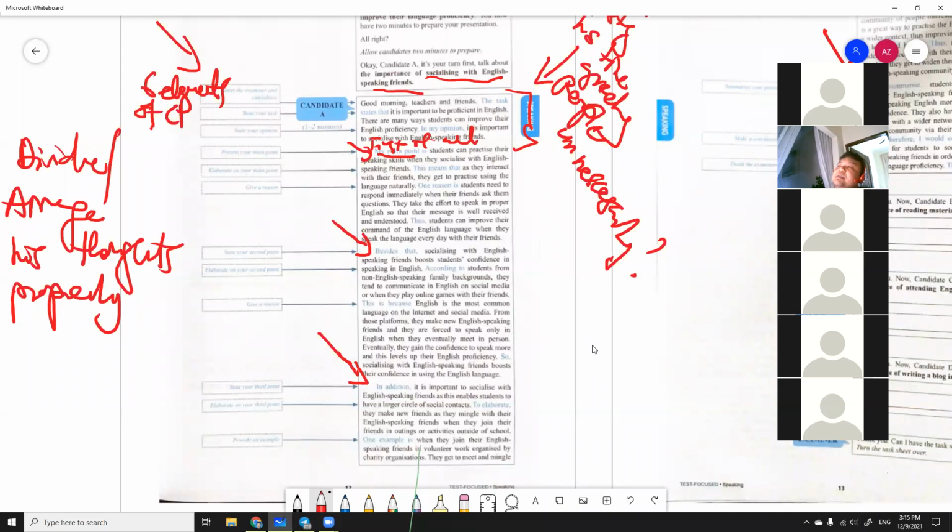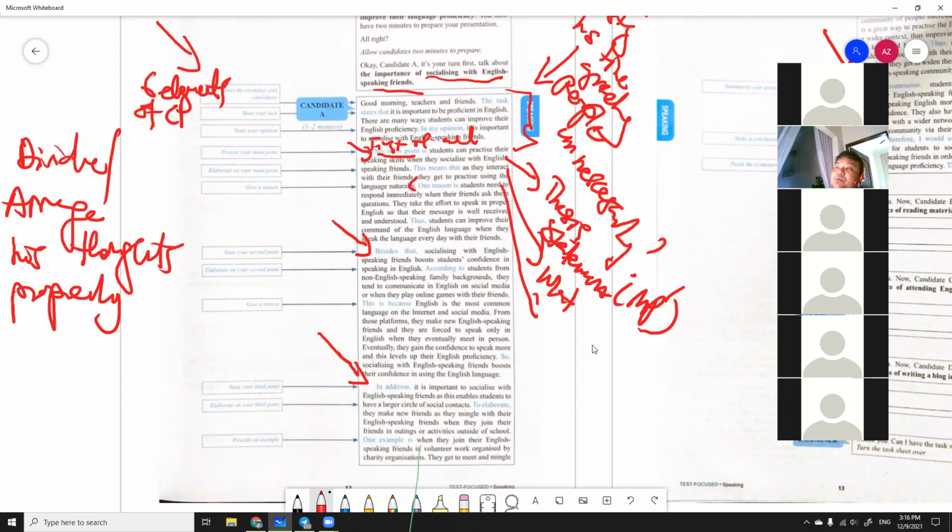So you would see over here, students can practice their speaking skills when they socialize with their English speaking friends. This is actually the thesis statement, the main point. Main point 1 answers the question of what. This means that as they interact with their friends, they get to practice using the language naturally. One reason is students need to respond immediately. This answers the word why.